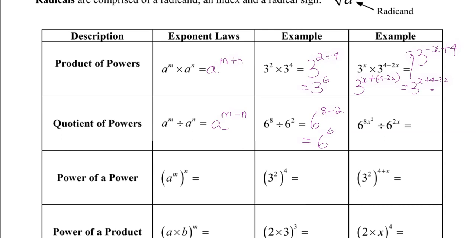And 6 to the 8x squared divided by 2x will be 6 to the 8x squared minus 2x. What we have to watch out for in this instance is if it was minus and it was a binomial, like up here, because then we would definitely want to make sure we have brackets around this so that we would expand it and carry the negative through the brackets and get our expression.